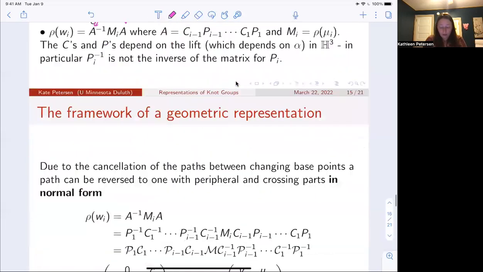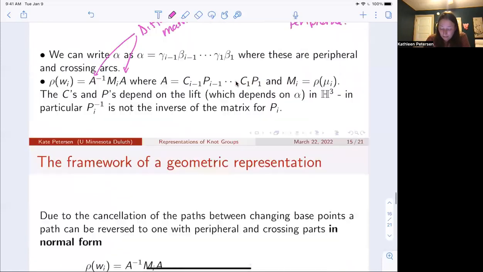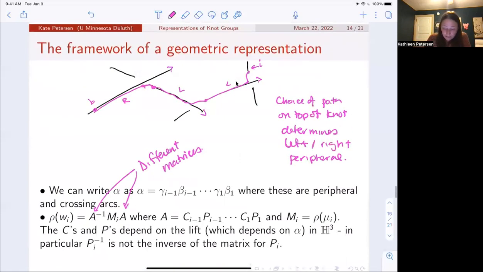Well, the magic is that since we know what they're conjugate to, and because the process of replacing, say, a P matrix by its preferred conjugate, and then replacing the next C matrix by its preferred conjugate is basically a change of base point.